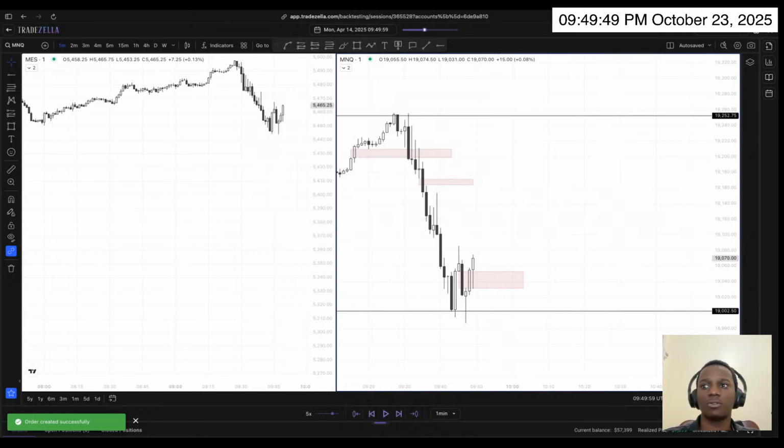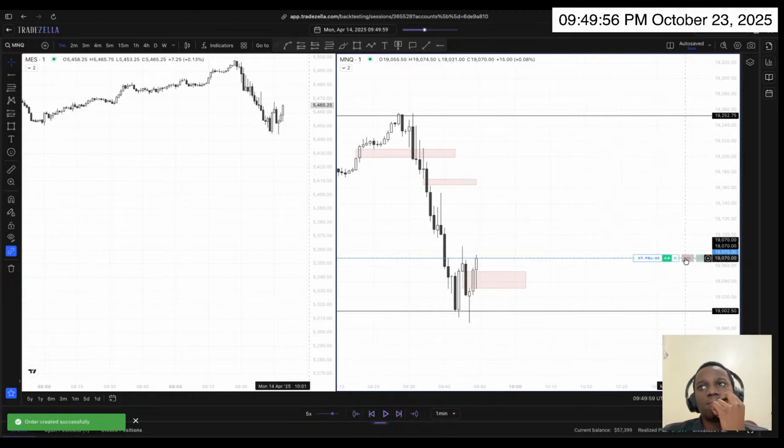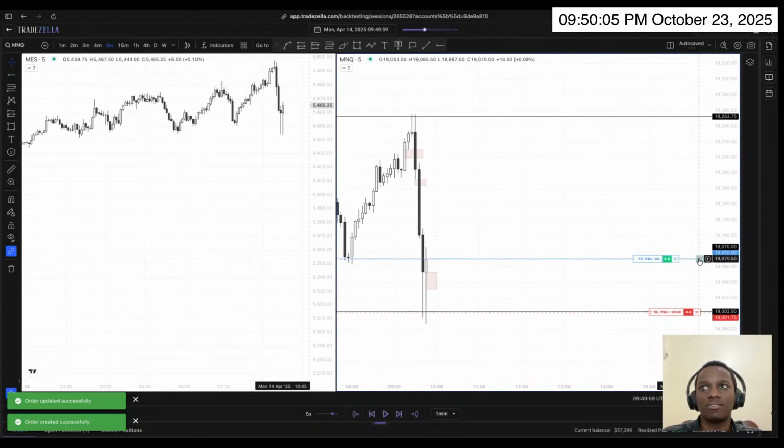So this will be 4, we'll be buying 4 of them. To target a 5 minute high probably. This is where it moved to break even.